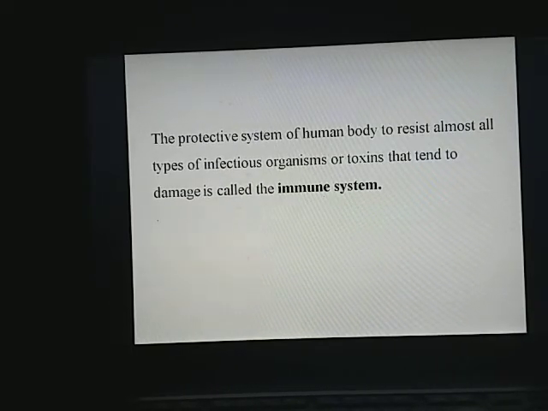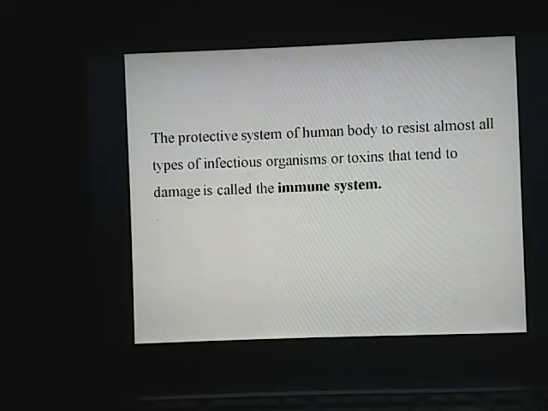The protective system of the human body to resist almost all types of infectious organisms or toxins that tend to damage it is called the immune system.